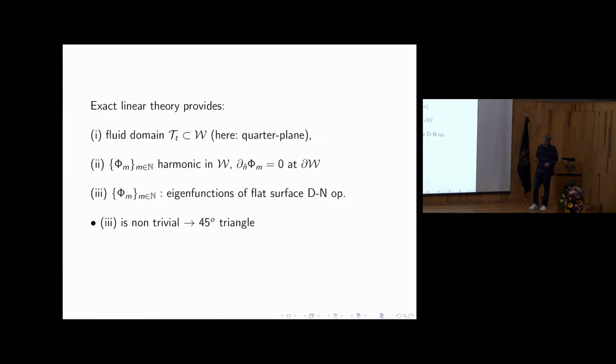Starting to think about this, we noticed that there is a common feature of these results. First of all, we have a fluid domain, which is a triangle at rest, at least. But there's also a larger domain in the 45-degree case, the quarter plane, where the motion takes place.